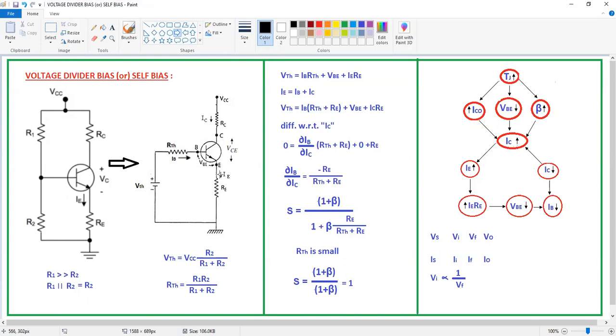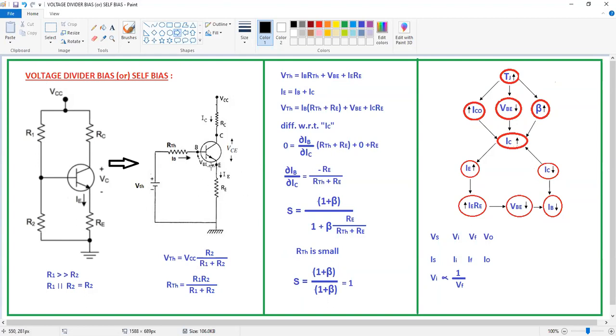If the feedback element present in the circuit is a capacitor, then it is called positive feedback, and if the feedback element employed in the circuit is a resistor, then it is called negative feedback. Here the feedback element is a resistor: the emitter resistor is connected in feedback to the input. That means this is negative feedback. Keep this in mind: negative feedback is present in the circuit.